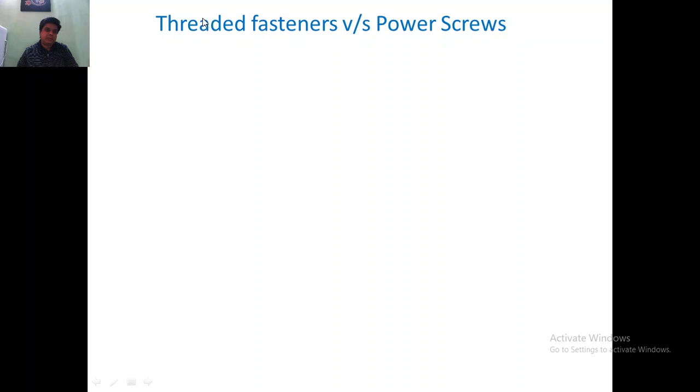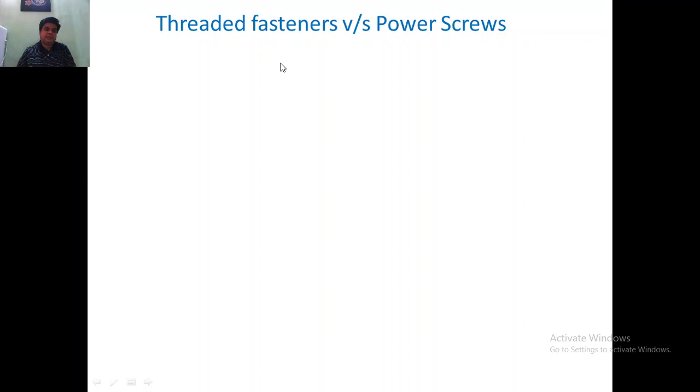We have learnt about threaded profiles, and these threads are used in mechanical elements called fasteners. This phenomenon of threads is applied for fastening different components to each other, so they are called threaded fasteners.